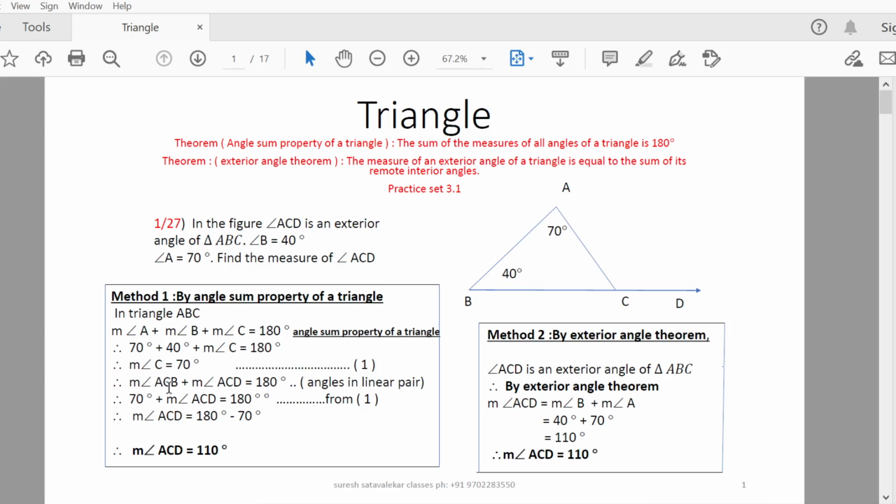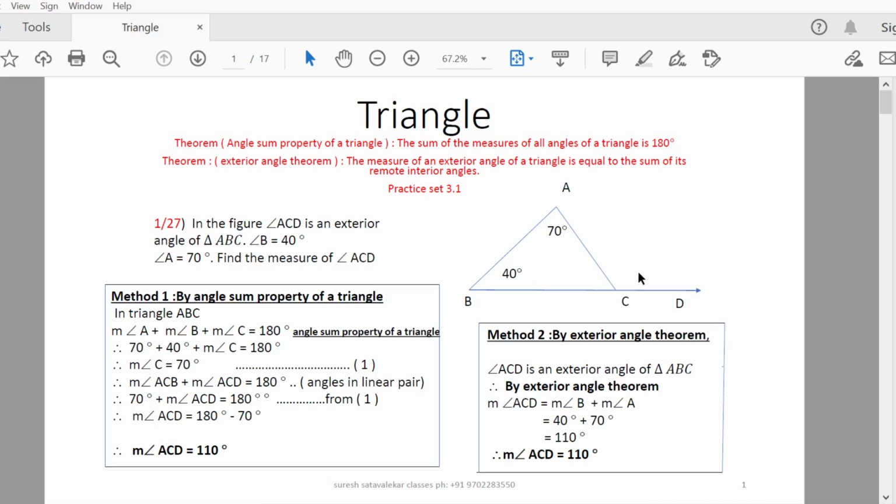Now angle ACB and ACD are angles in a linear pair. Angles in a linear pair means what? They have the same vertex. Now ACB and ACD, if you consider, the vertex is the same, C. Then side CB and side CD are opposite rays. They lie on the same line. And CA is a common side. So such angles are called angles in a linear pair.